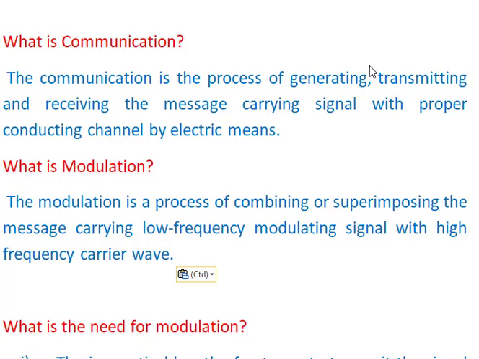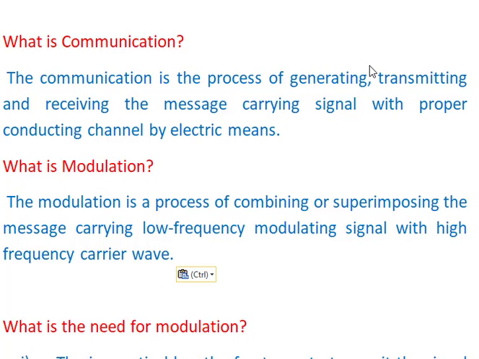Then what is a carrier wave? What is a high frequency carrier wave? This high frequency carrier wave does not contain any message, any signal, any voice, any music. This high frequency carrier wave carries the message signals, message waves.